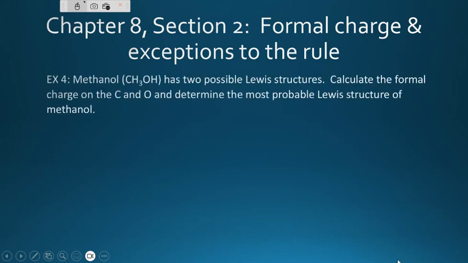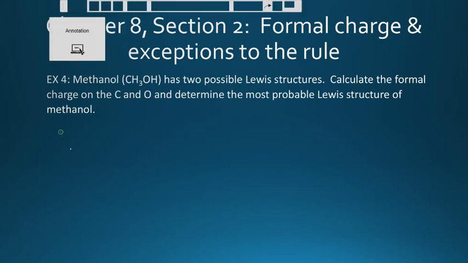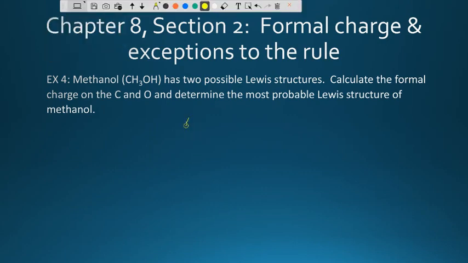So let's look at this example. I do have the molecules already written out for you in your student notes. Let's take a look at these. We have 2 options for methanol. I'm just going to copy these down real quick.